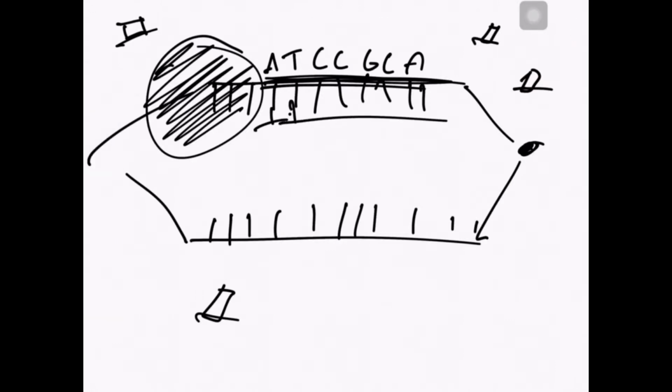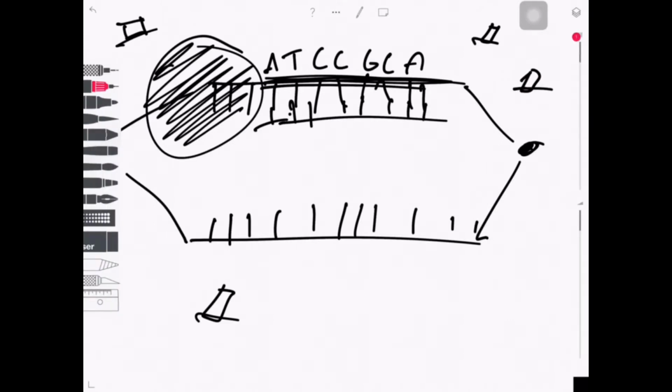Since A matches with T, we're going to have it as U, because we're dealing with an RNA strand, so thymine is replaced with uracil.